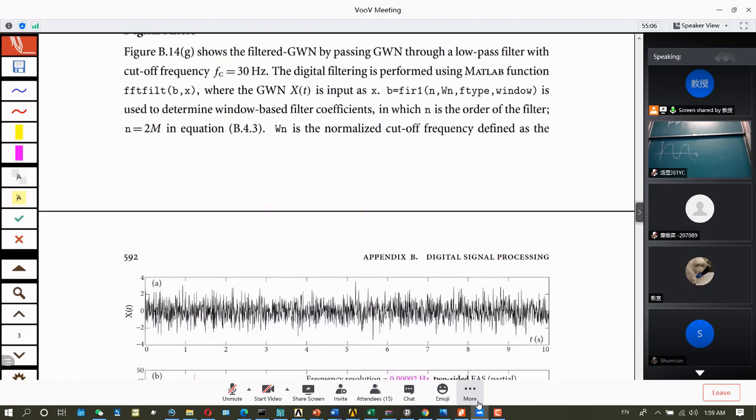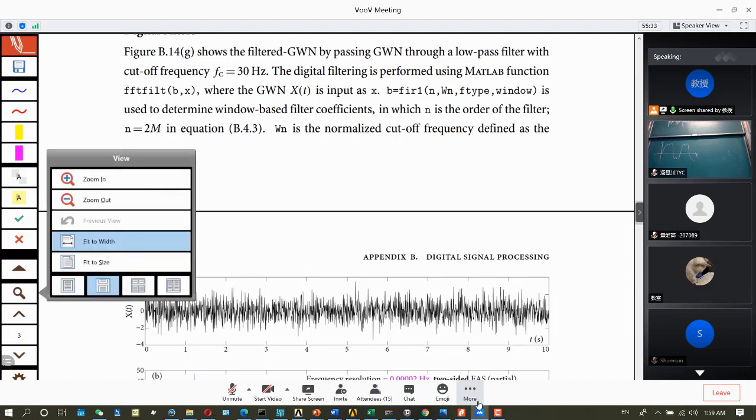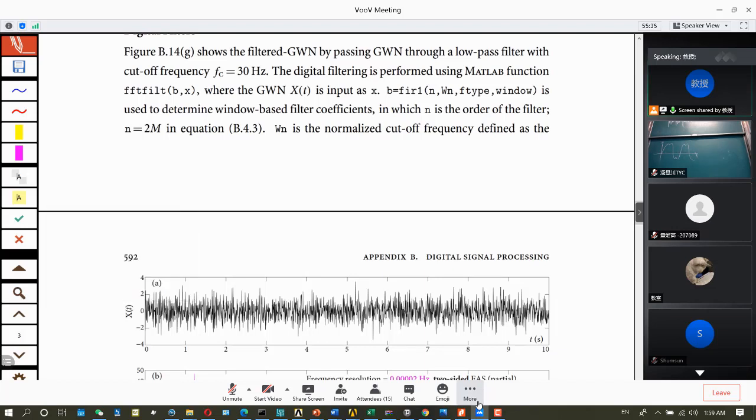Okay, so this is a Gaussian white noise process. And so if you think about a wideband process, you can visualize it as this. Okay, so it has lower frequency components, medium frequency components, and high frequency components.